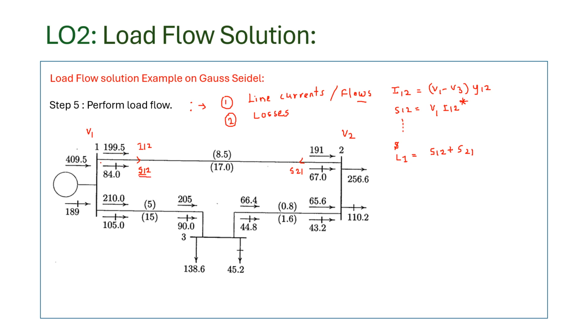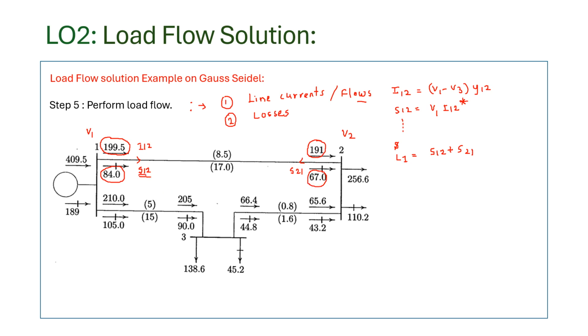Here we can see what calculations are made. S12 is the line flow from bus 1 to 2. This is the active power flow from bus 1 to 2 in megawatt, and this is 84.0 MVAR, the reactive power flow from bus 1 to 2. Similarly, for S21, the line flow from 2 to 1, 191 is the active power flow and 67 MVAR is the reactive power flow.